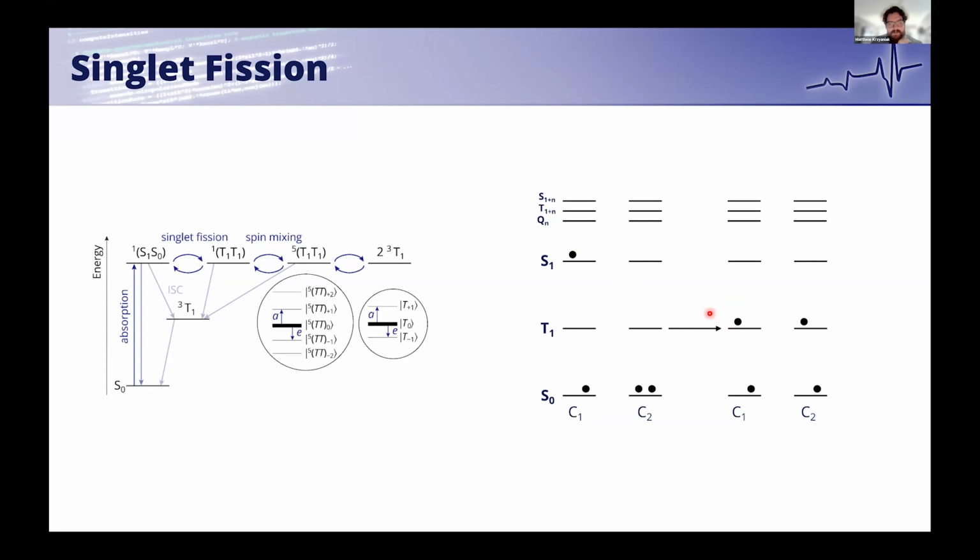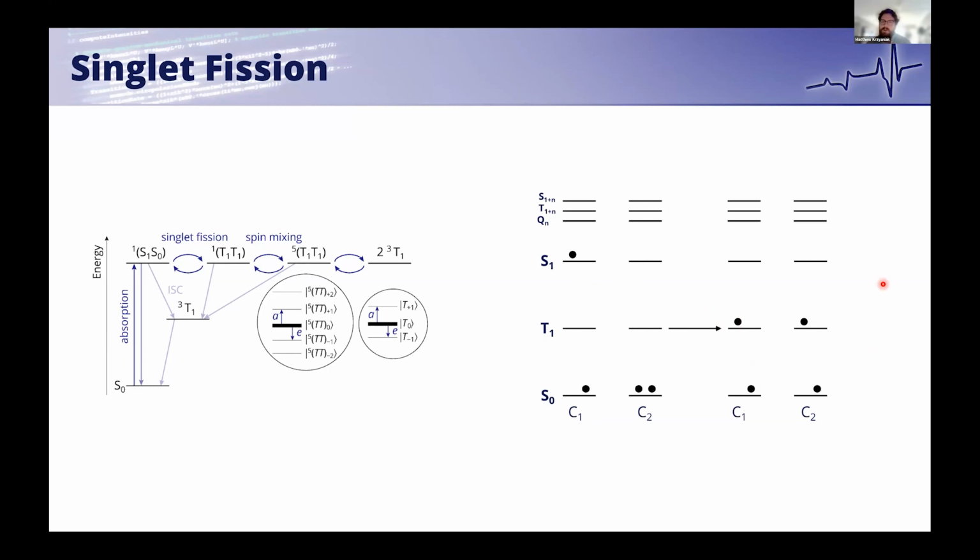your system can undergo singlet fission, where you go from this excited singlet to generate a pair of triplet states, which come out, because the initial pair of electrons were a singlet, this triplet pair state also occurs in a singlet state.